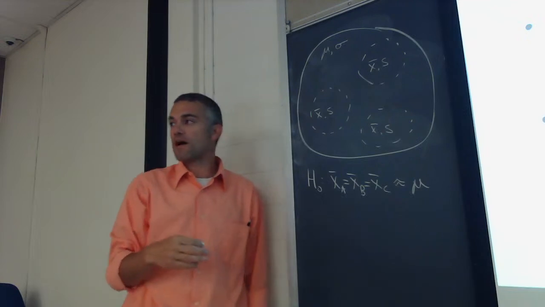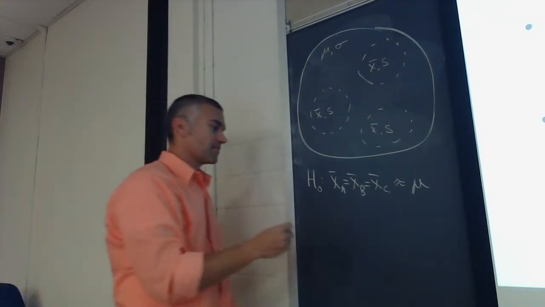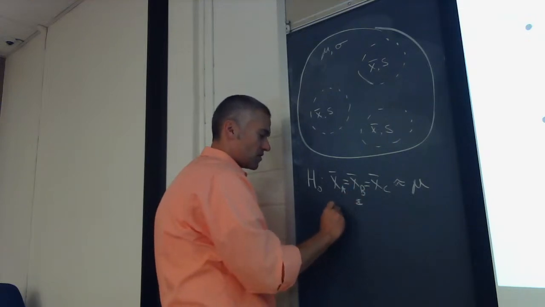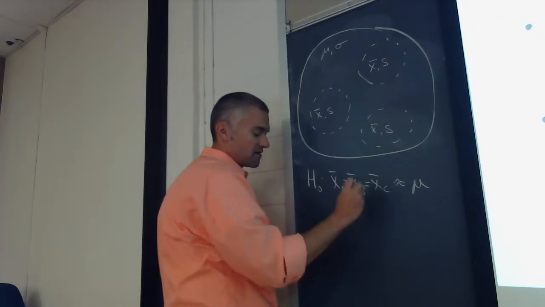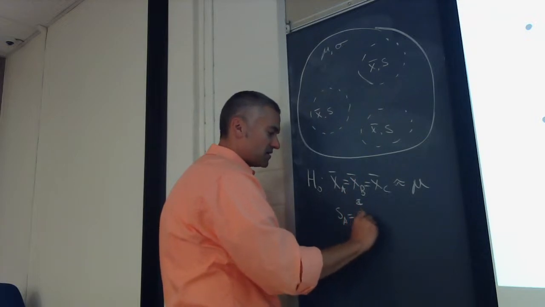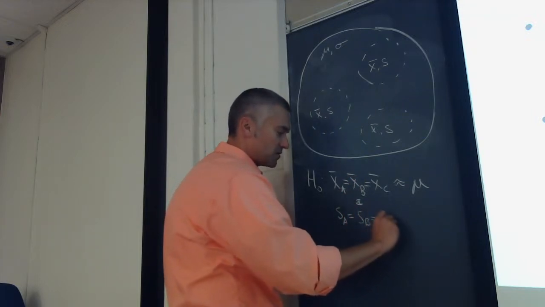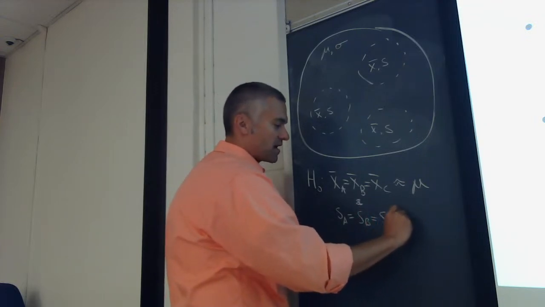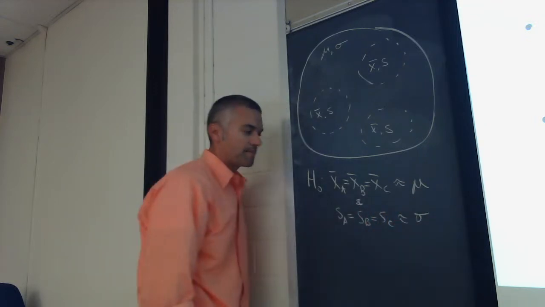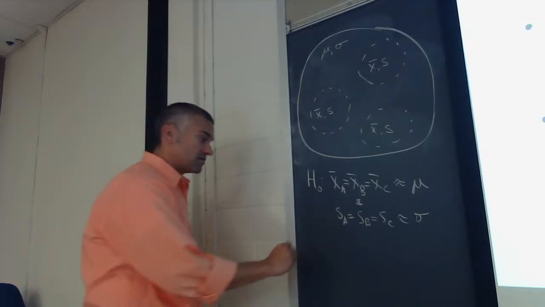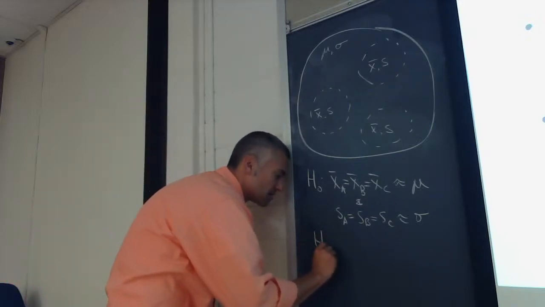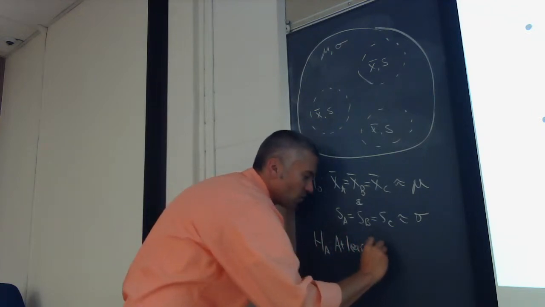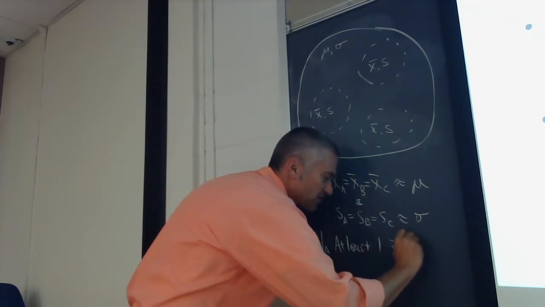And that would also apply to their variances. So the standard deviation of A is equal to the standard deviation of B, which is equal to the standard deviation of group C, and that approximates our sigma. Our alternate, then, is that at least one X bar differs.